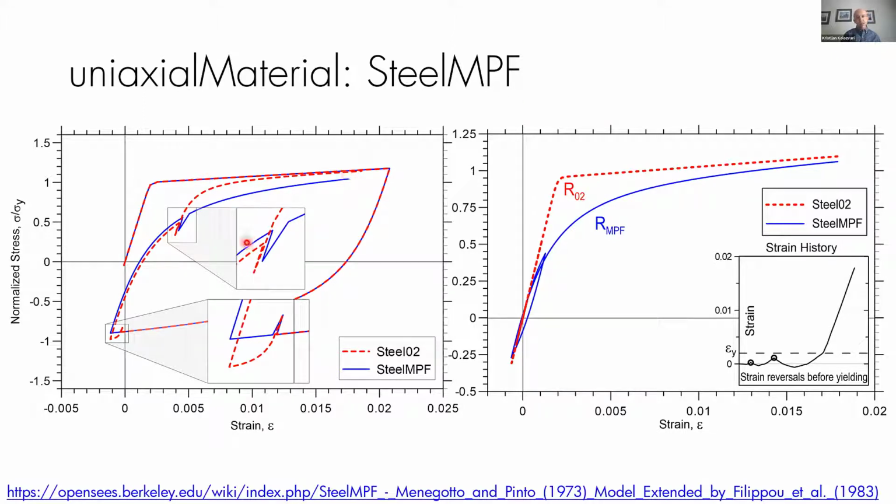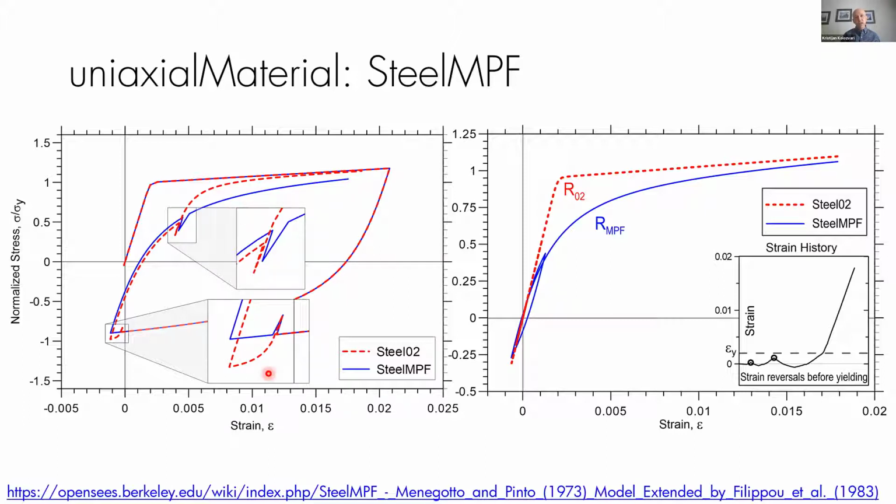Steel02 has an anomaly in the sense that if you have a little unloading in your strain history, like a partial unloading, let's say in one time step due to crushing of concrete in some other part of the structure, this particular fiber wants to unload, or because of the time history it causes this unloading. And actually Steel02 will overshoot this strain if you keep going forward, and it will behave unrealistically, like you see with these red lines.